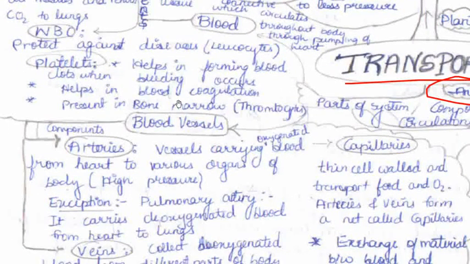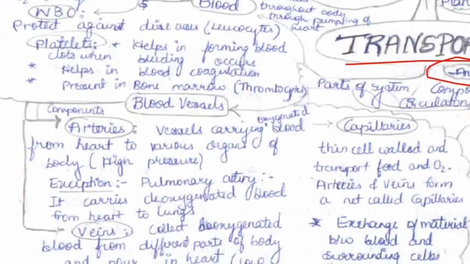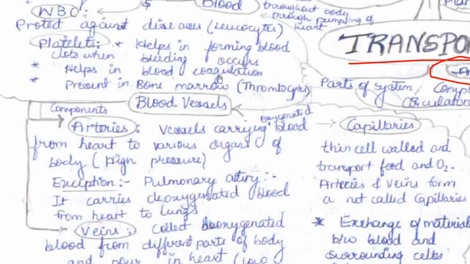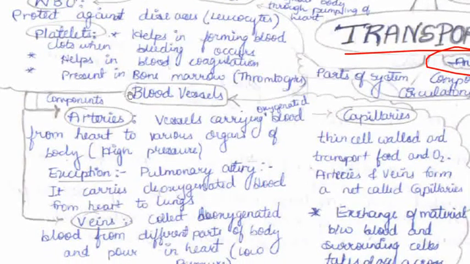That means it will prevent the flow of blood outside. So the next part helps in blood coagulation, and it is present in bone marrow.